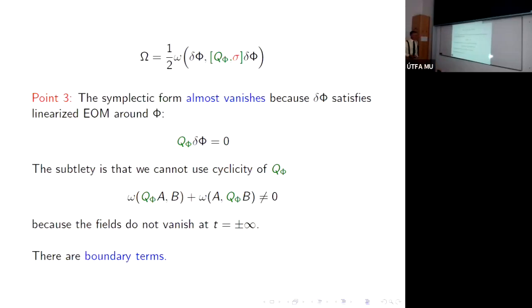But because the fields and the sigmoid don't vanish at past or future infinity, this condition breaks down because there are boundary terms. So this formula is not actually zero, even though Q phi annihilates delta phi.